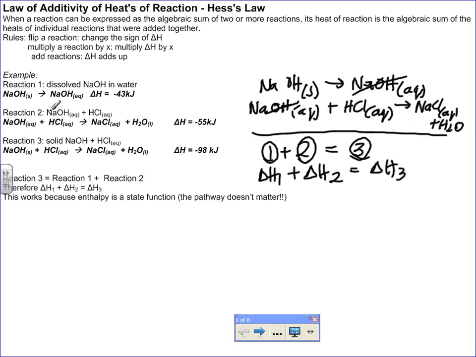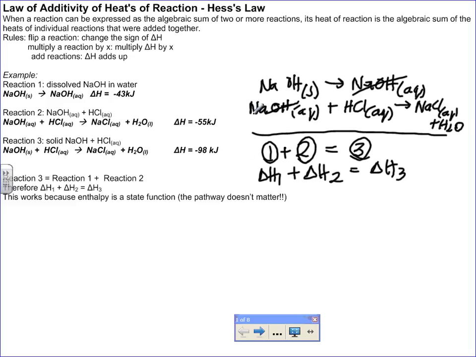And this is because delta H is a state function. If we think about it even closer, we can see that this reaction really occurs in these two steps. When we react solid sodium hydroxide with a hydrochloric acid solution, the sodium hydroxide dissolves and then the dissolved sodium hydroxide reacts. So no matter which way you look at it, reaction 1 plus reaction 2 is equal to reaction 3.